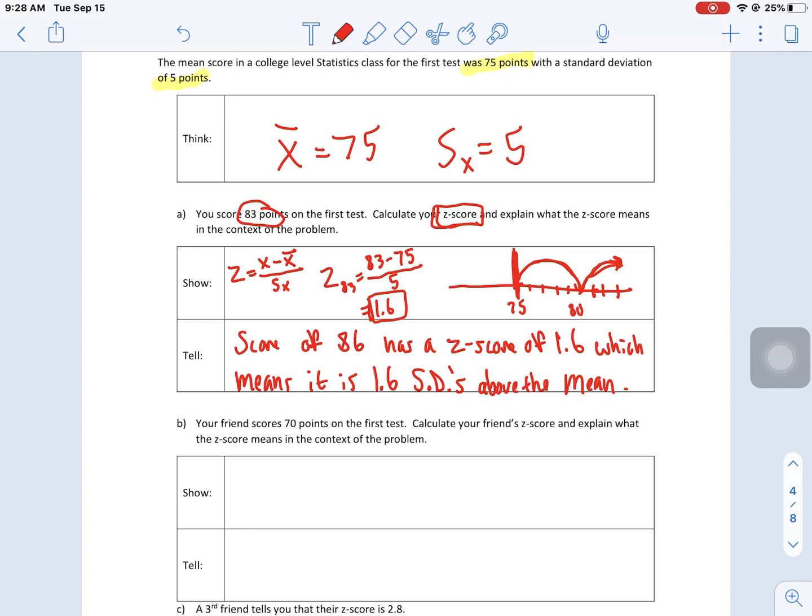And if you remember from one of our examples, in order for something to be unusual in statistics, it's got to be more than 2 standard deviations away from the mean.